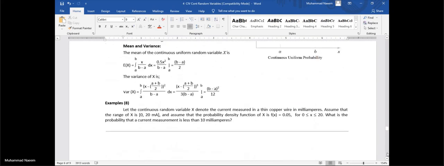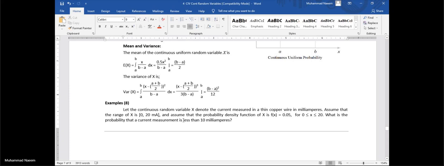And the next distribution is very simple. This is called uniform probability distribution. In this case, we have a probability density function which is a constant, with a certain range, from 0 to 20.